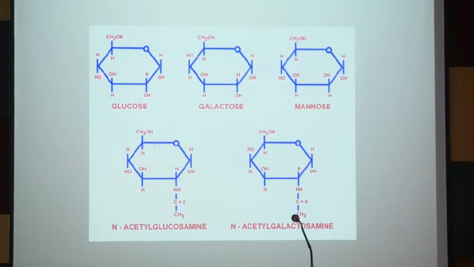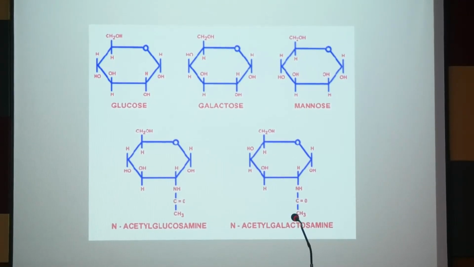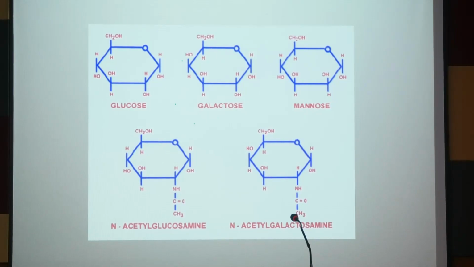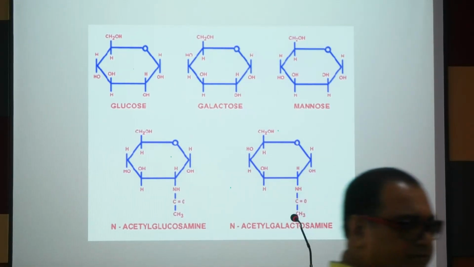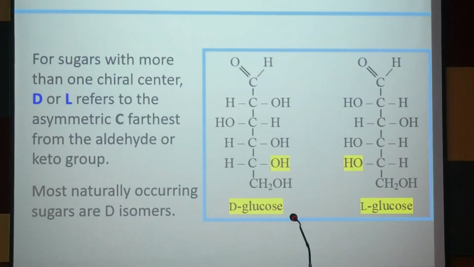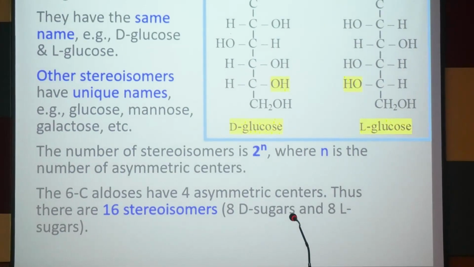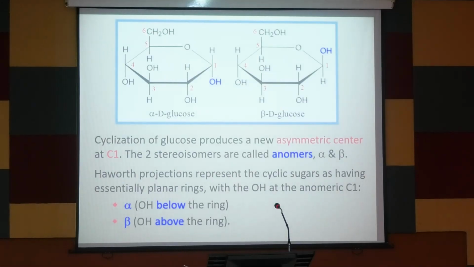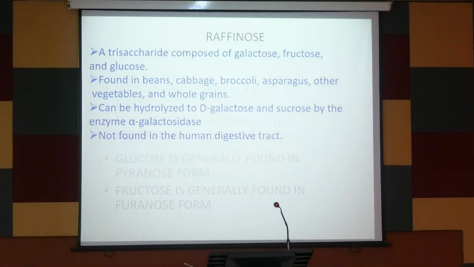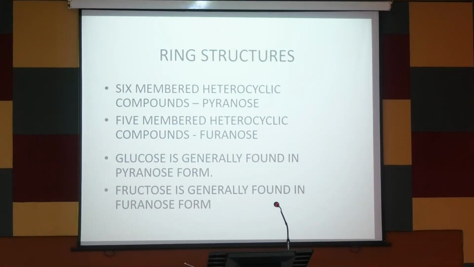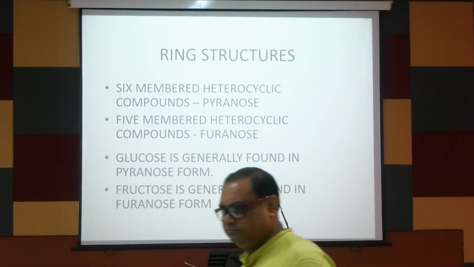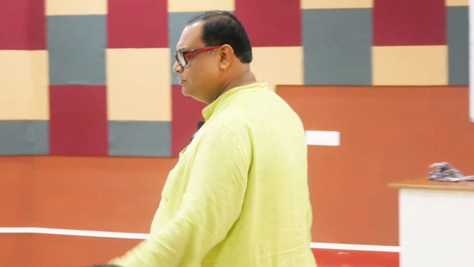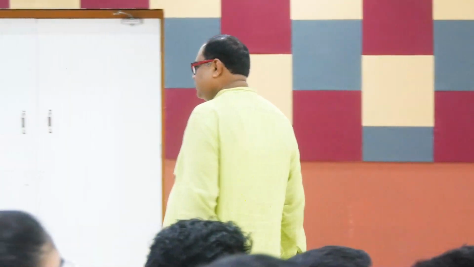Now, what type of glucose is this, alpha or beta? Alpha. Very good. And this one, mannose? Alpha. Very good. Brilliant. Ring structures, easier than ever. For one who understands all these things, ring structure is very easy.